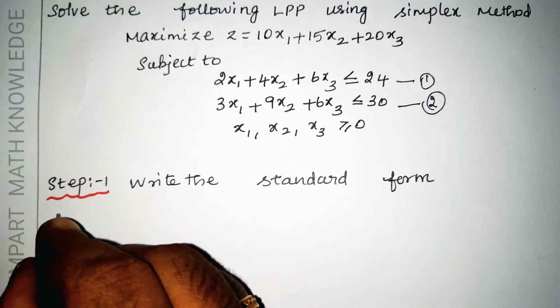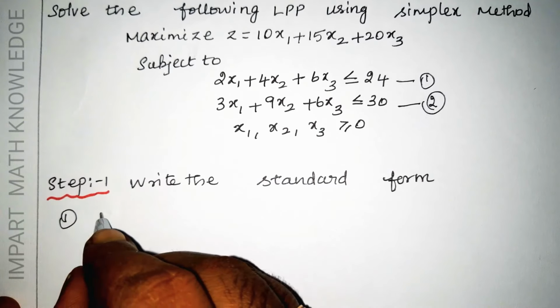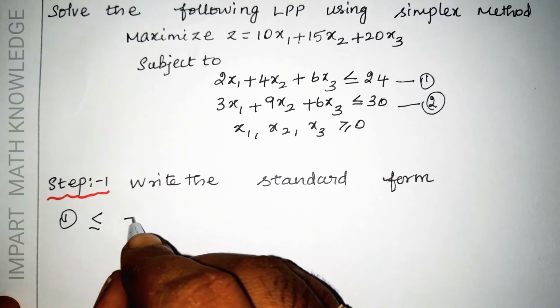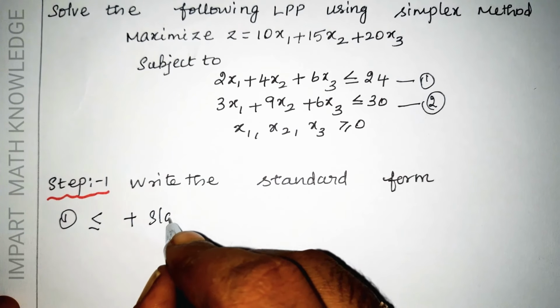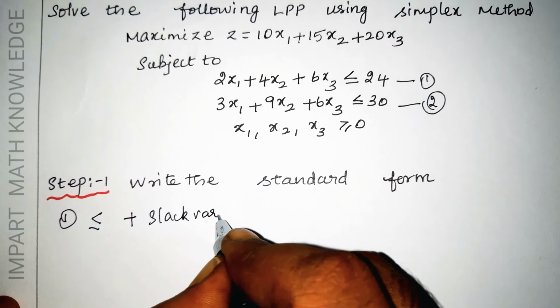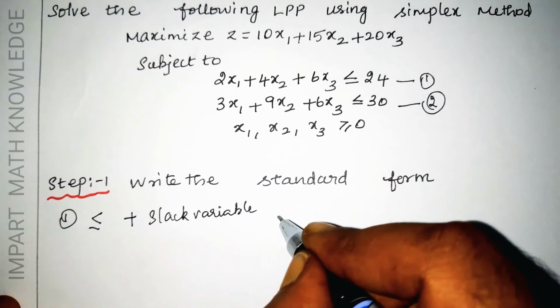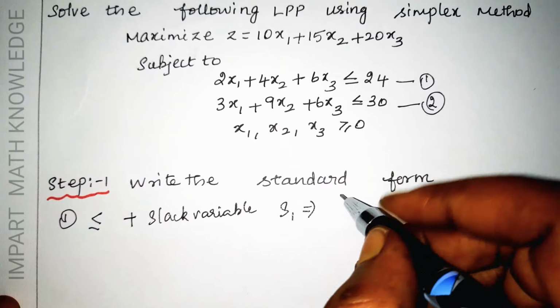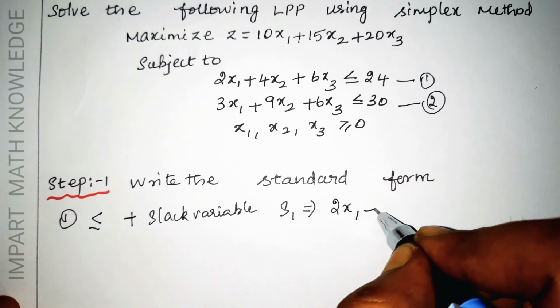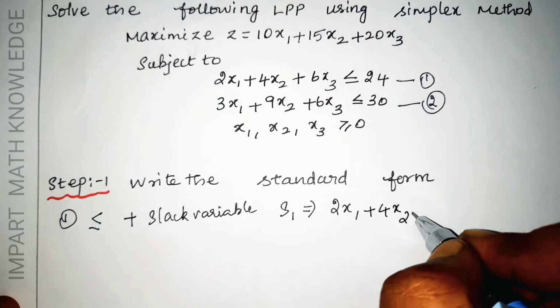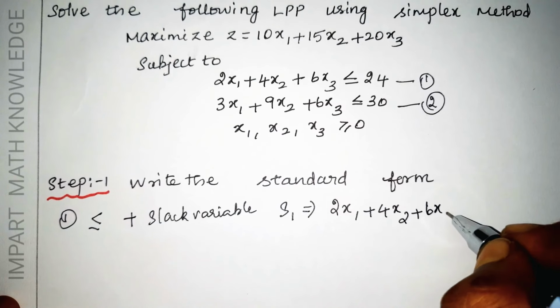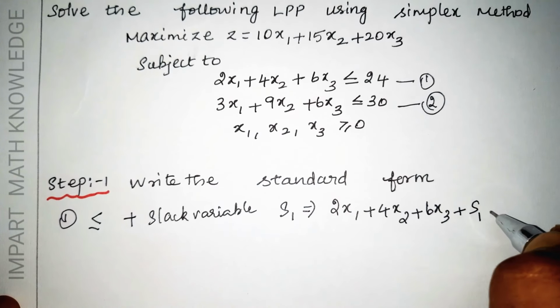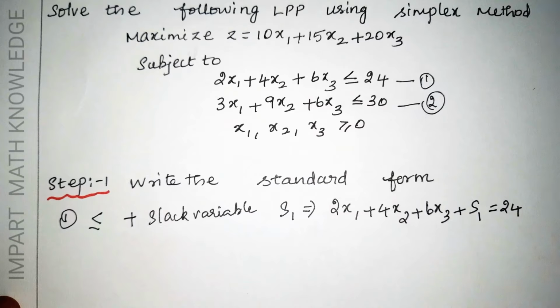The first condition inequality is less than, so you have to add the slack variable s1, that is 2x1 plus 4x2 plus 6x3 plus s1 is equal to 24.